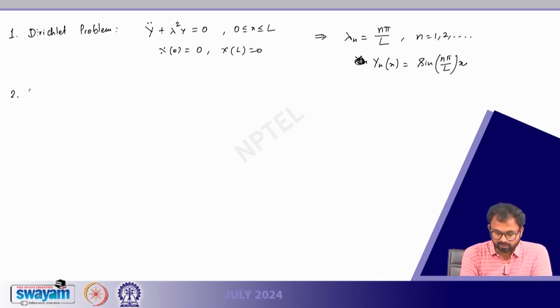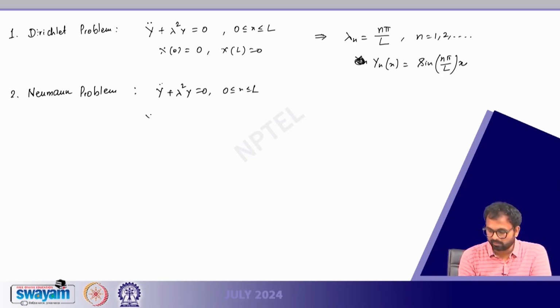Okay, next we have the Neumann problem, or Neumann boundary condition. Here we have y double dash plus lambda square y equals 0 for 0 less than or equal to x less than or equal to L, and I have y dash at 0 equals 0, and y dash at L is also equal to 0.